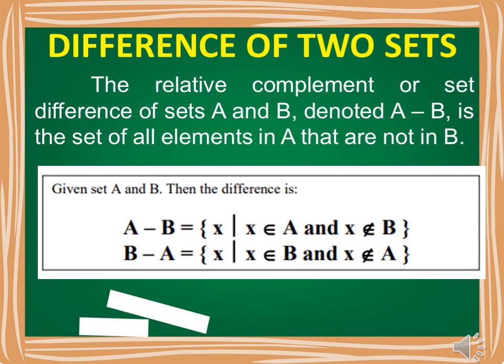So it's equal to an element X, such that X is an element of B and X is not an element of A. Now I know it's a bit confusing for you this time because of these set builder notations, but in the succeeding slides you will learn it better as I show you some examples on how to get the difference of two sets. Okay, so let's proceed.